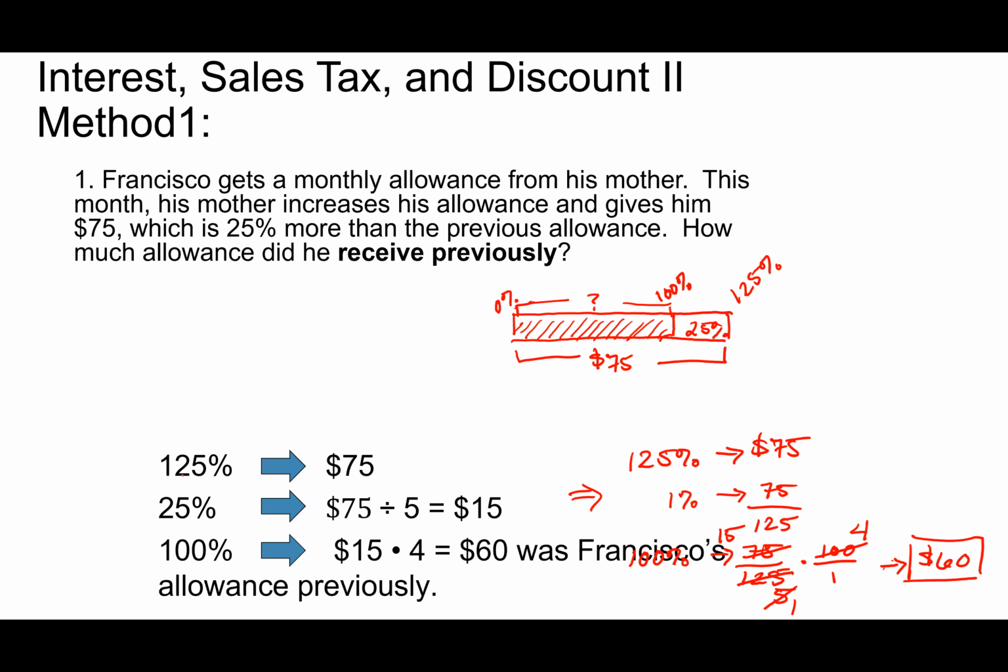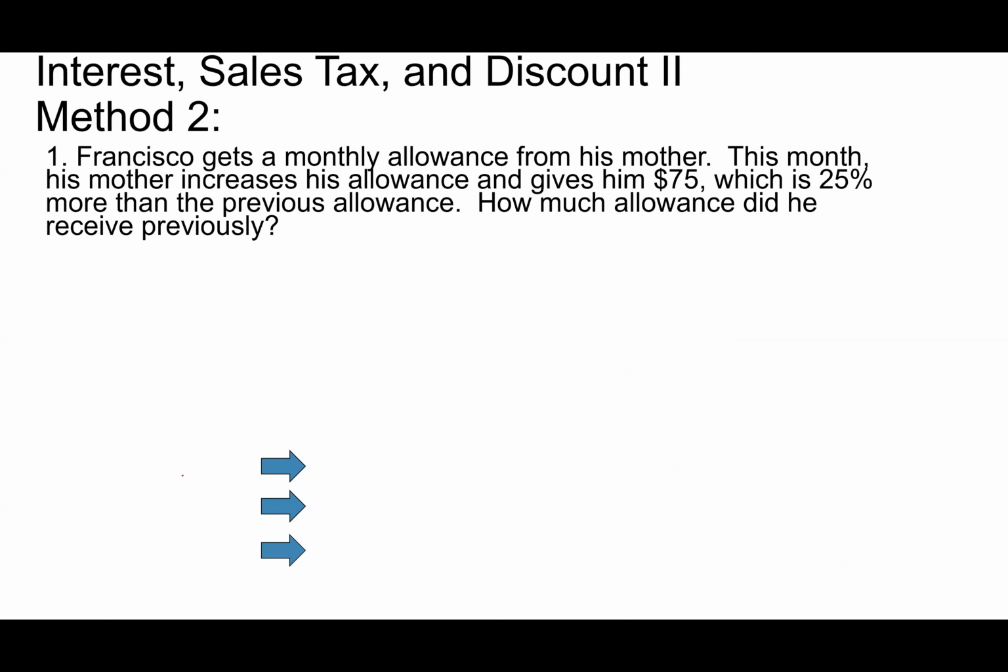There's one more way to do this, and that is to assign units to this situation. Maybe you are flexible enough to see that $75 could easily be divided up into 5 units.